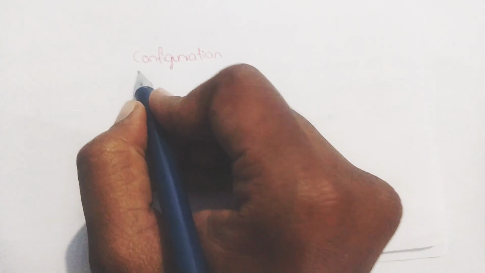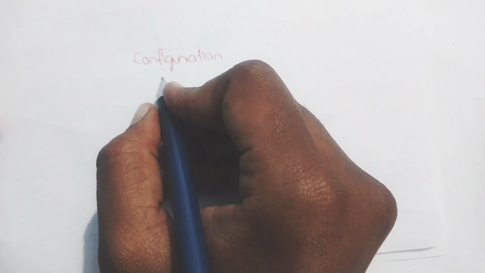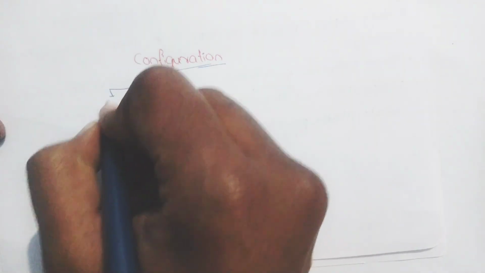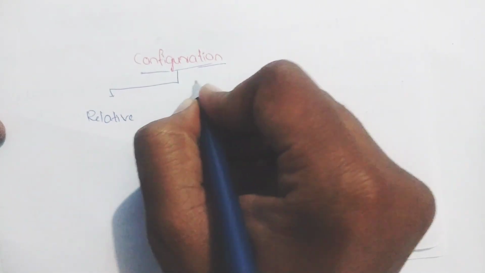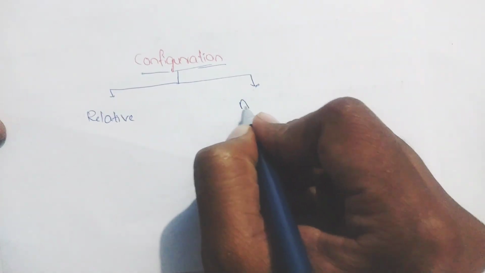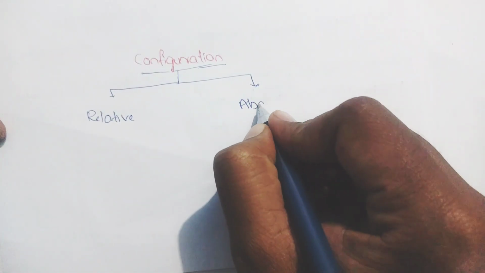You have to give the configuration, meaning the spatial arrangement of atoms of that carbon. How the atoms are arranged in space around that carbon atom is called configuration. And there are two types of configurations: one is relative configuration and the other is absolute configuration.